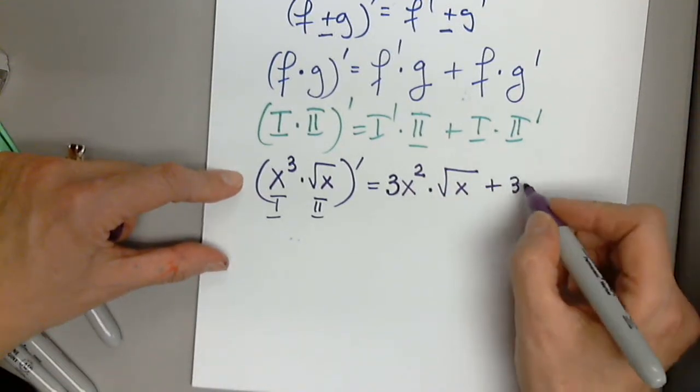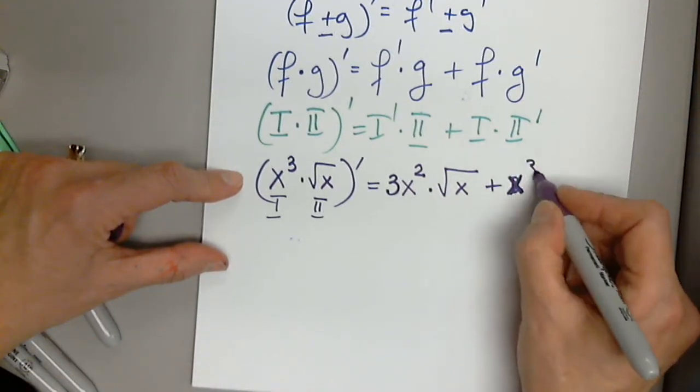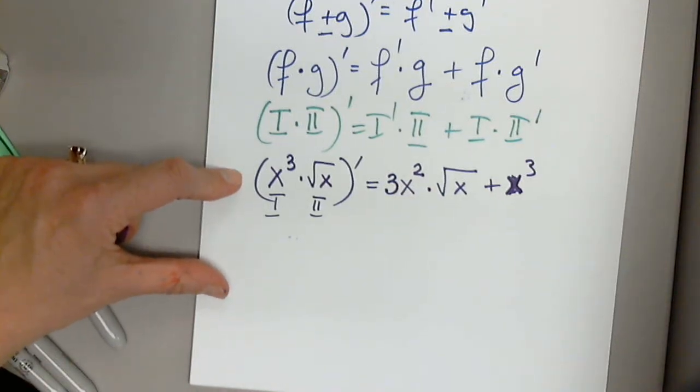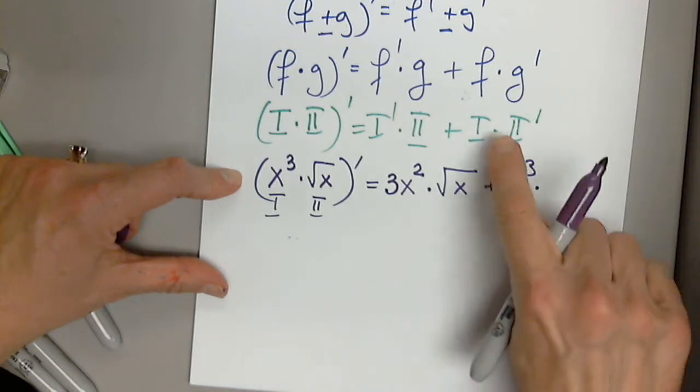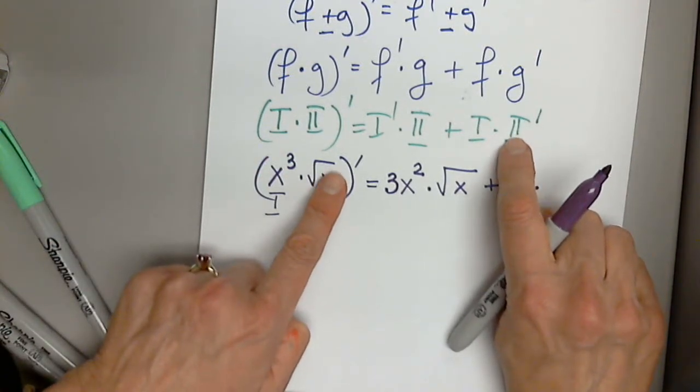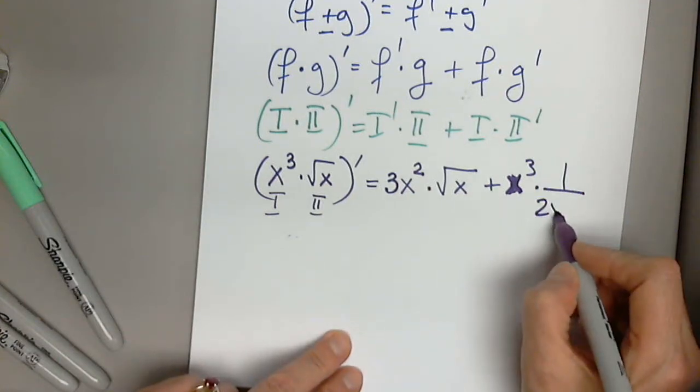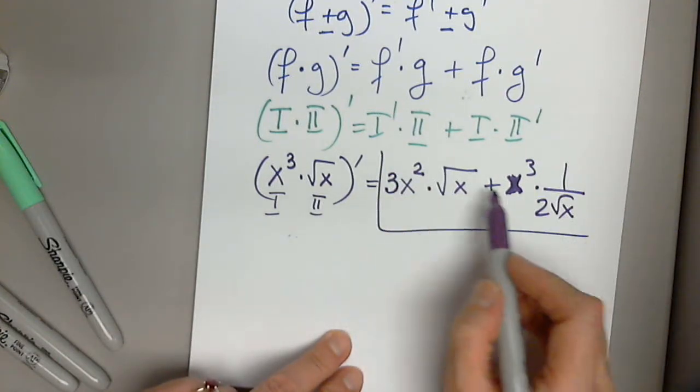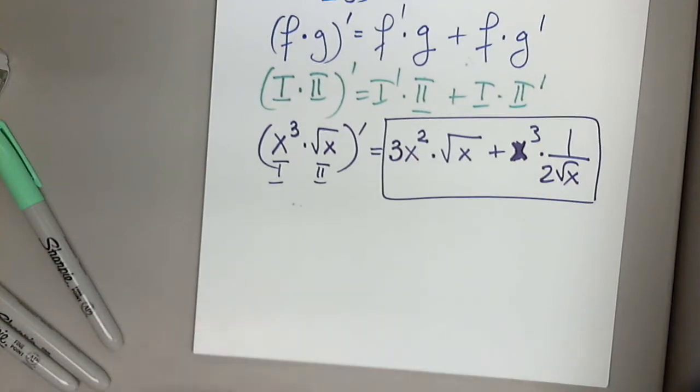Plus, I copy, of course, x cubed. I looked here and I copied that, multiplied by, and now I differentiate the second one. So this one gets copied and now this one gets differentiated. And I know that this is 1 over 2 the square root of x. And this is it. You don't have to do anything else.